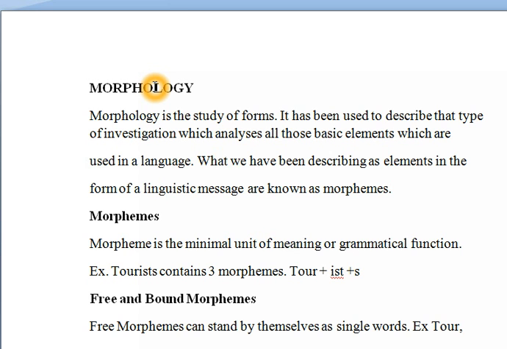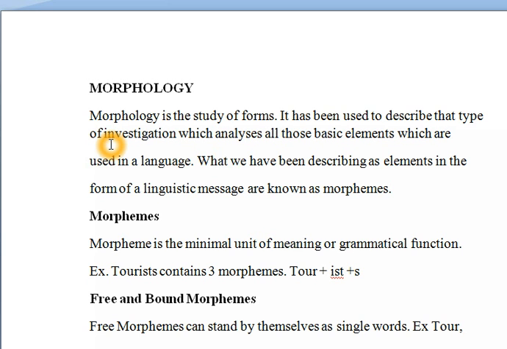In affixes we have three parts: prefixes, that is additions to the beginning of words, suffixes, that is additions to the end of words, and infixes, that is additions to the middle of words.